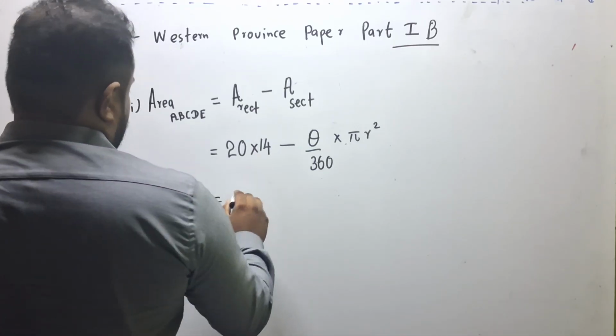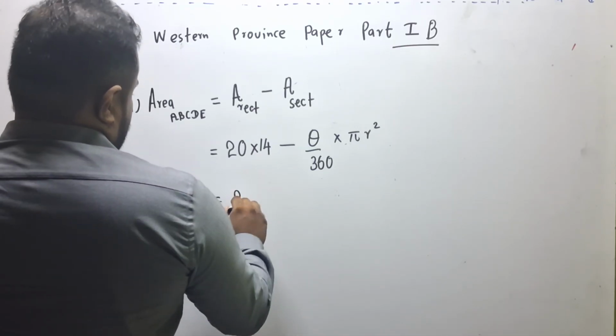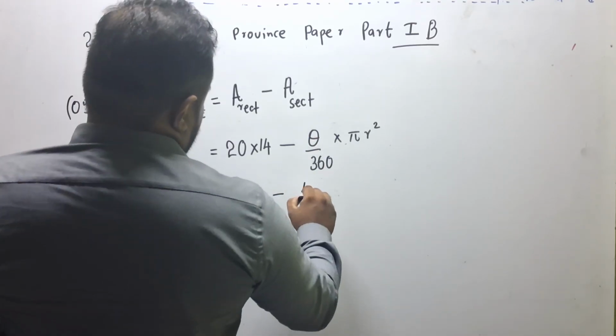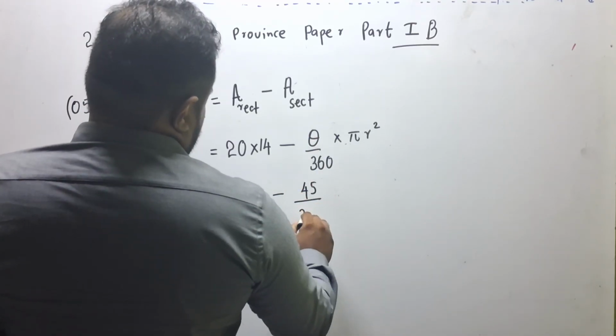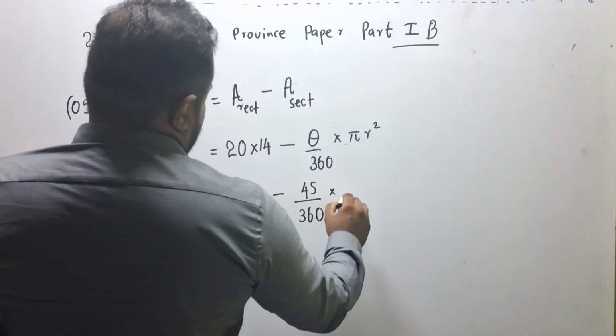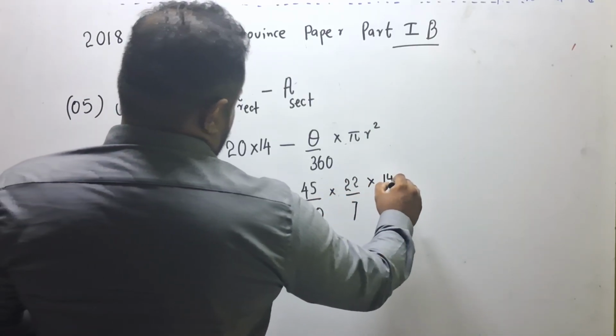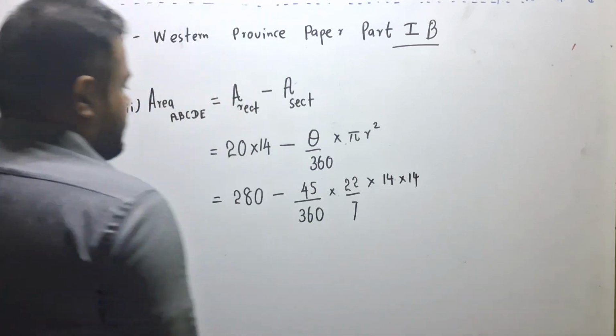20 times 14 is 280, minus theta is 45 degrees, over 360, times π is 22 over 7, r squared is 14 times 14.